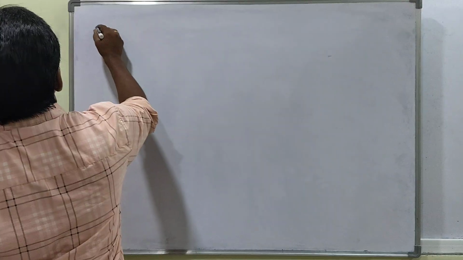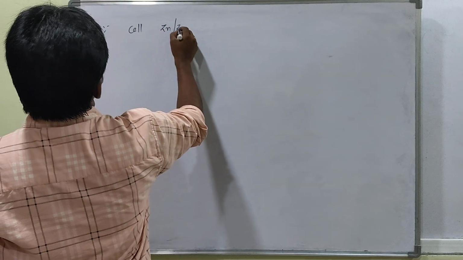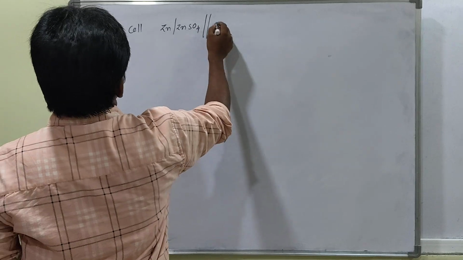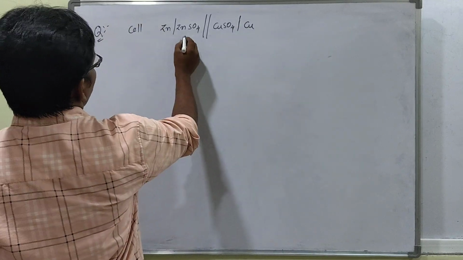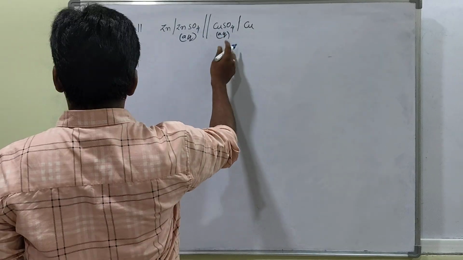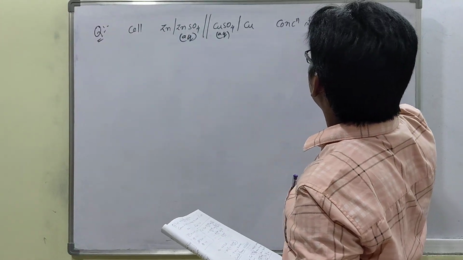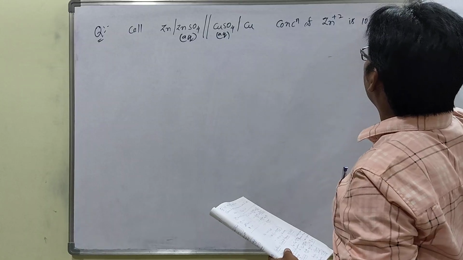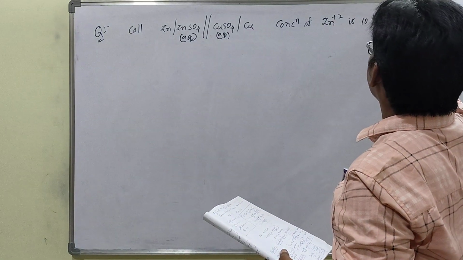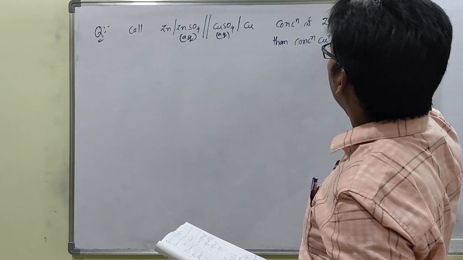So look at that question. The question is given: the cell, that is the Daniel cell, is mentioned: Zn | ZnSO4 || CuSO4 | Cu, with aqueous solutions. The concentration of Zn2+ is 10 times greater than the concentration of Cu2+ ion.